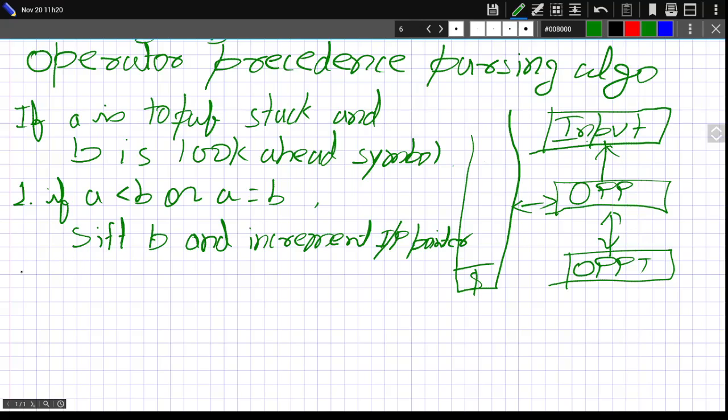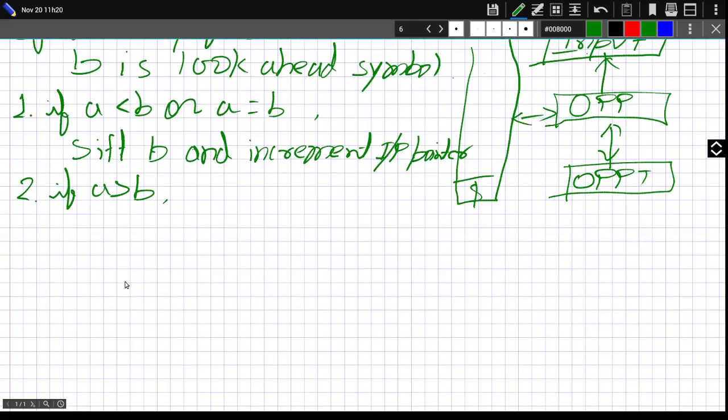Now second condition, if A is greater than B, in that case you will have to do something. What are you going to do? You will repeat the following. What are you going to repeat? You will pop the stack.